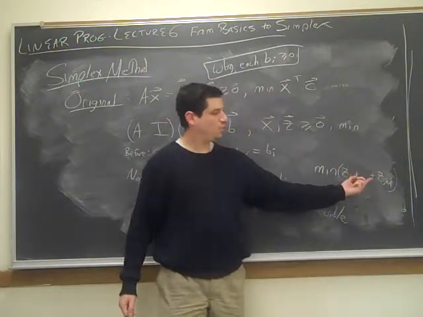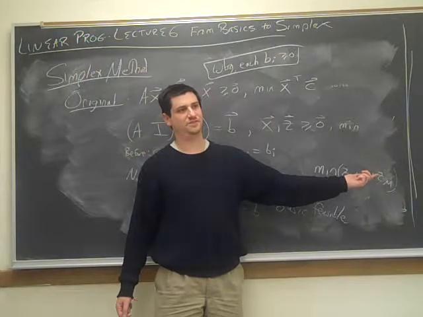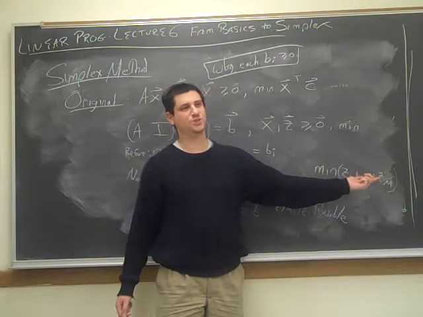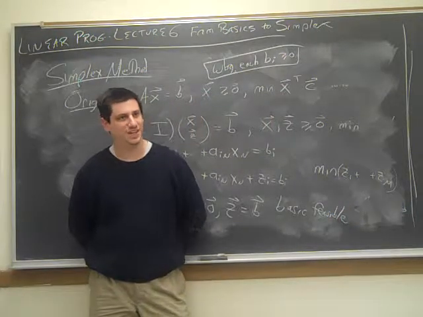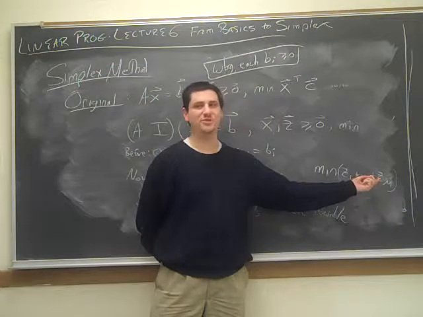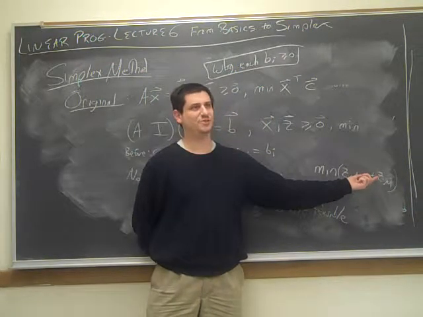Now, what's the smallest the cost could be? 0. If the cost is 0, what can you say about the z's? The only way the cost can be 0 is if all the z's are 0.